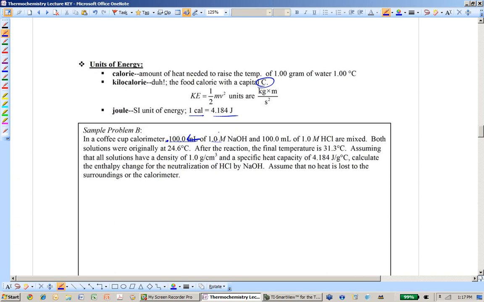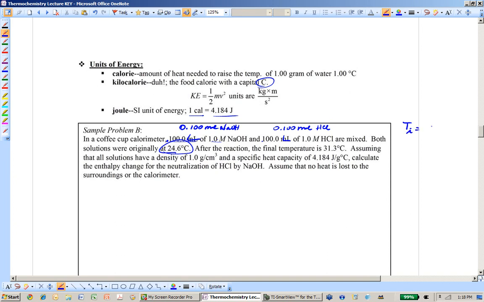That's 0.1 times 1, which is going to be 0.1 mole of NaOH. And, same song, second verse, 100 mils of 1 molar HCl, which is also 0.1 liters times 1 molar, which is 0.1 moles of HCl, are mixed. Both solutions were originally at this temperature.